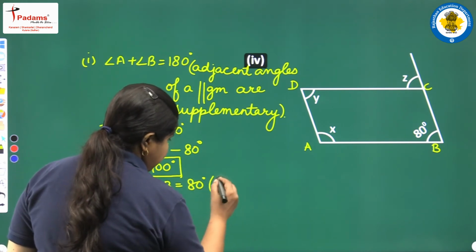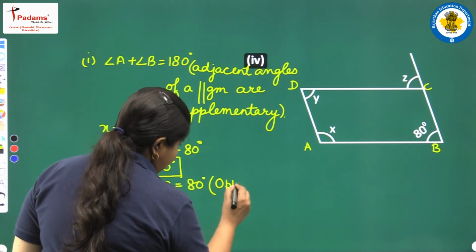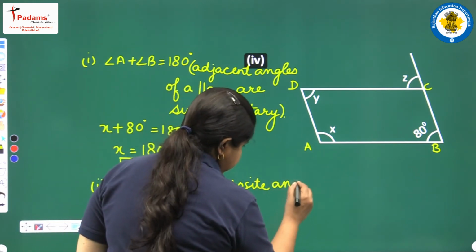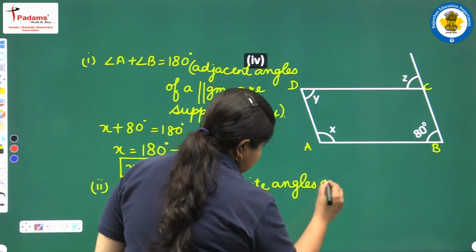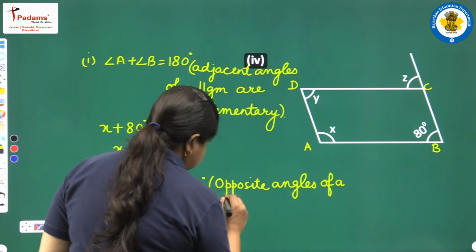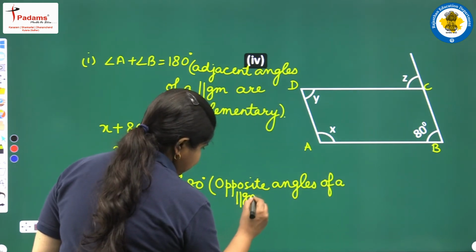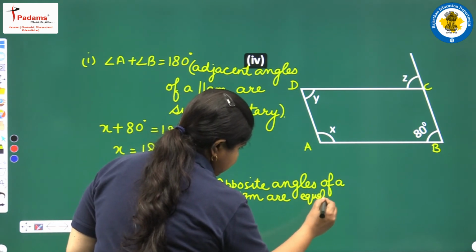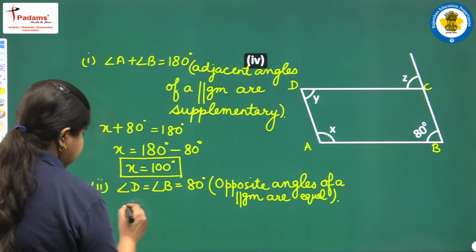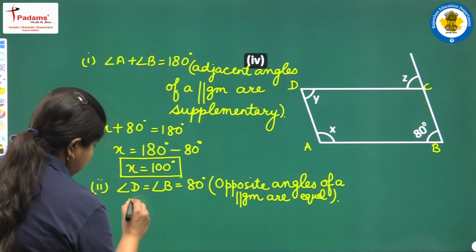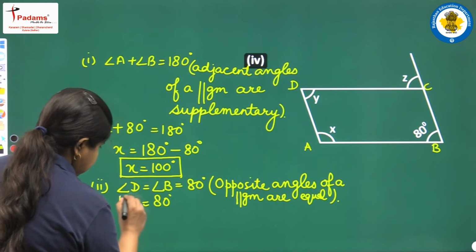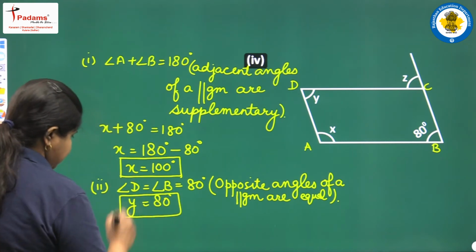Y, opposite angles of a parallelogram are equal. By this property we get y equal to 80 degree. This is the second value that we were asked.